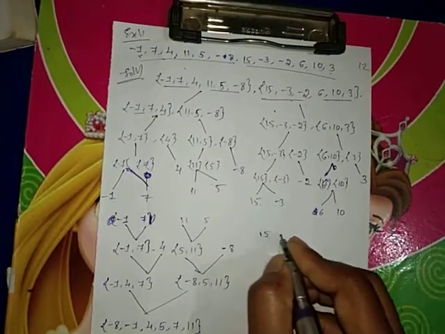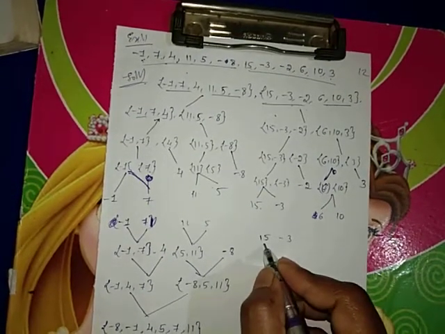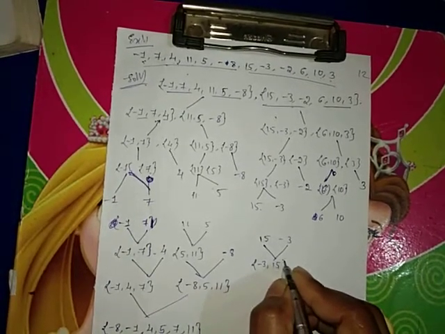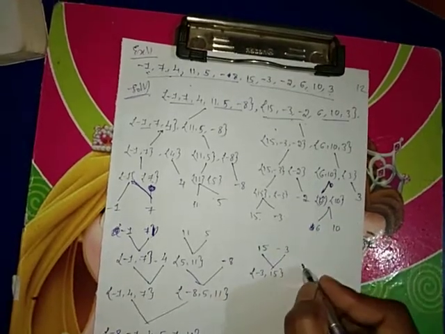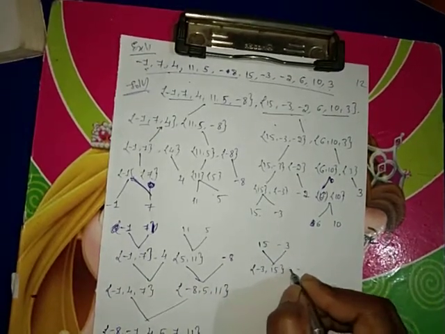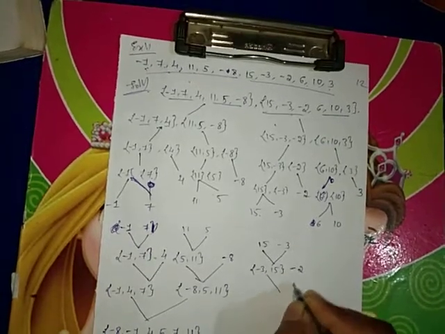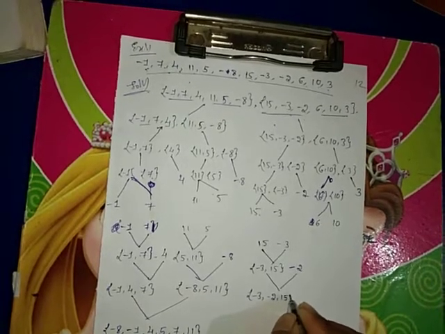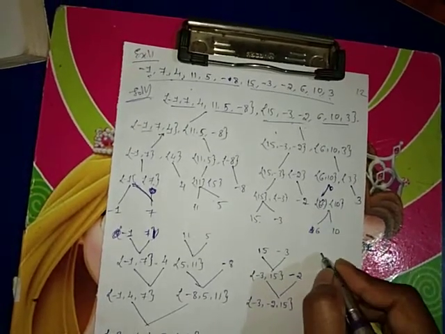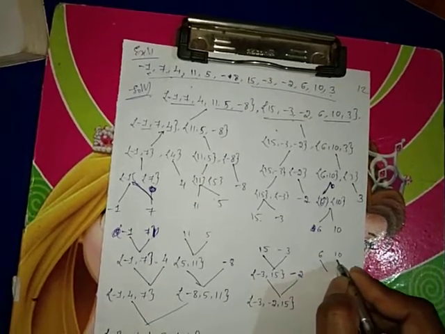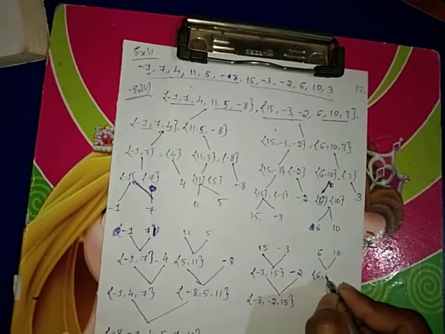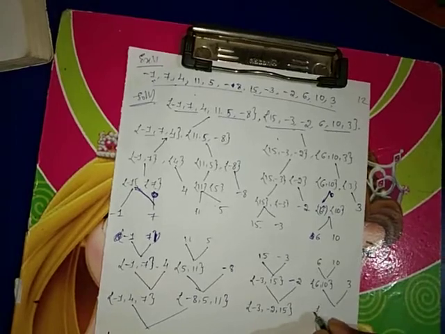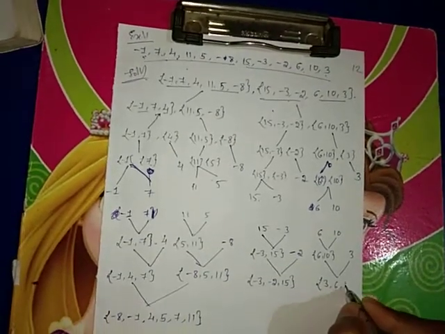Come to here. 15, -3 are the single elements. Merge those. In increasing order, that is -3, 15. And then we obtain -2. Combine these. In increasing order, -3, -2, 15. And the single elements are 6 and 10. Merge them. That is 6, 10. Then we have a 3. Combine them, in increasing order 3, 6, 10.